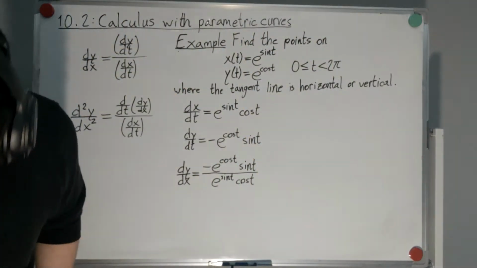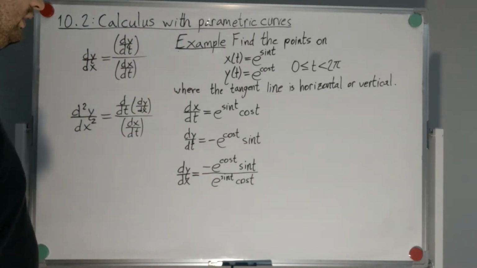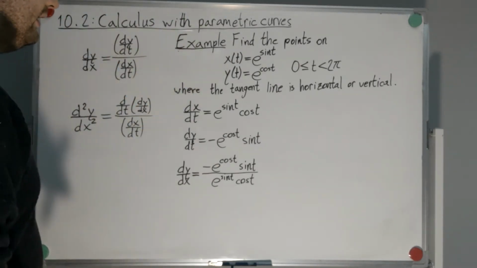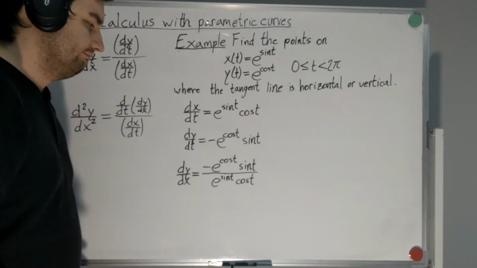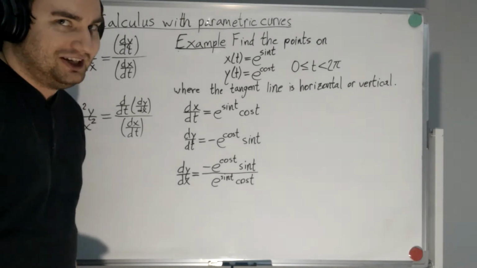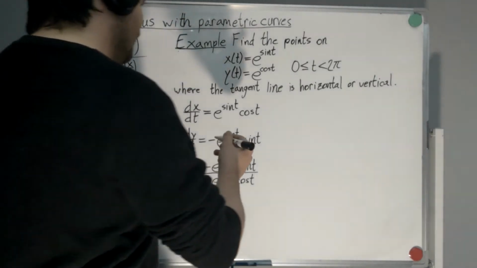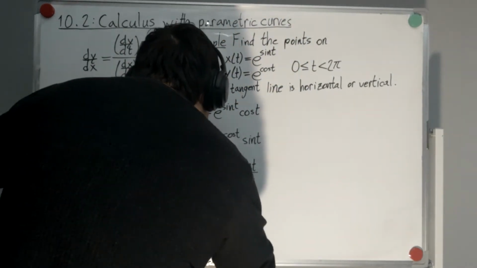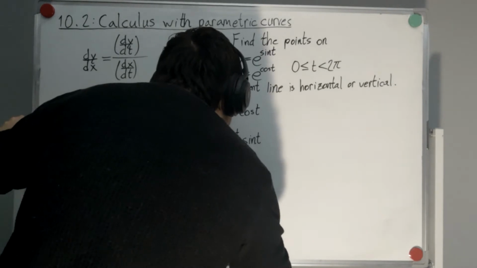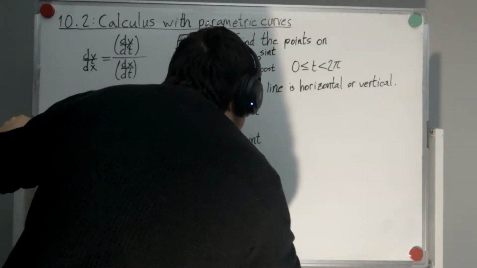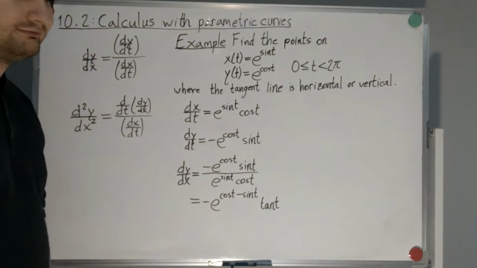Okay. Right, well, we can leave it like that. Like it doesn't get a lot nicer than that. But I suppose you can also write it as negative e to the cosine t minus sine t times tangent t. Same thing.